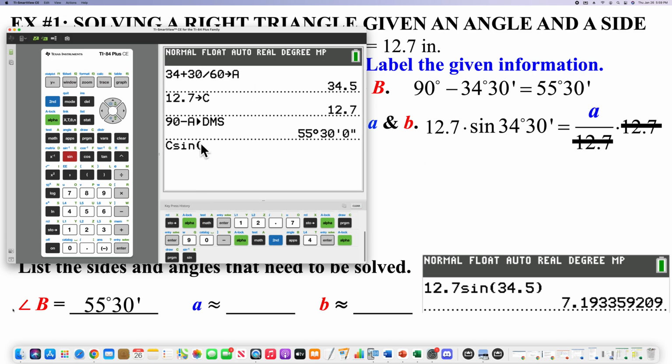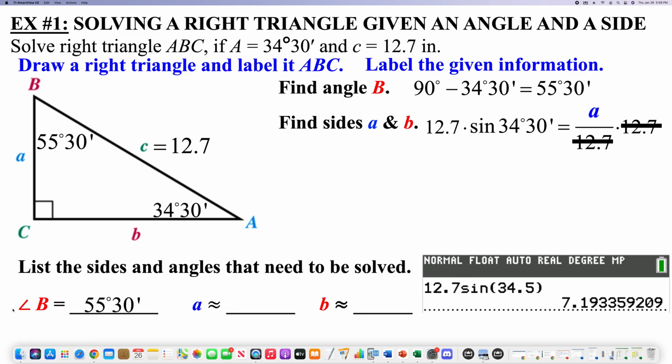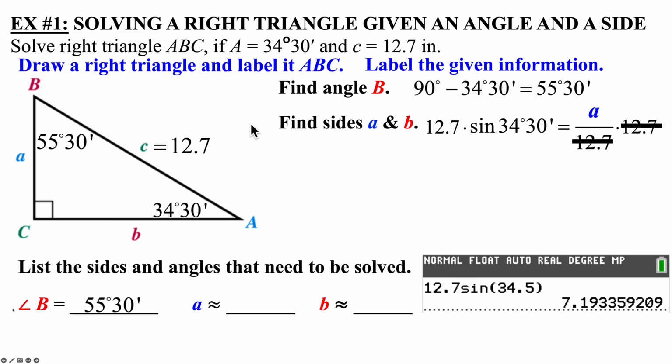And then we put in alpha A. This works great when you're definitely working with degrees, minutes, and seconds, or you have side lengths that are 3, 4, 5 digits long, or maybe 3 digits and 2 decimal places. That's just a pain. 7.193359209, the exact same thing as if you typed it in this way. So there's my side A.